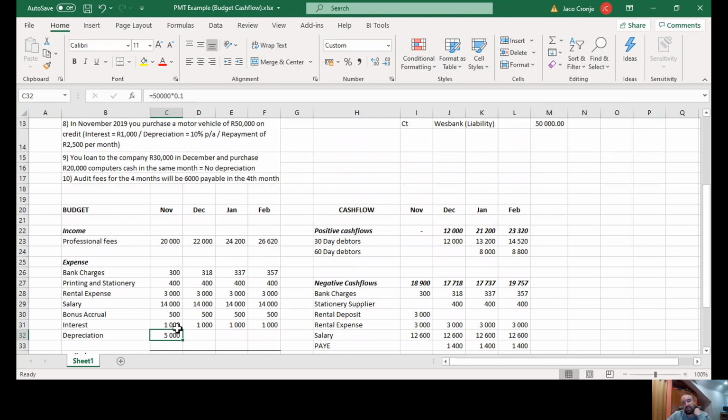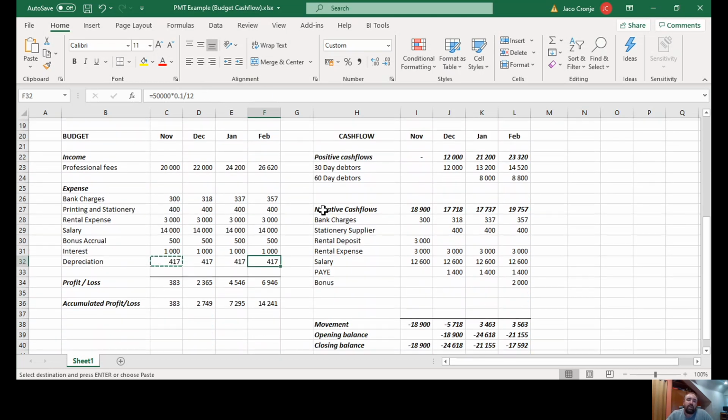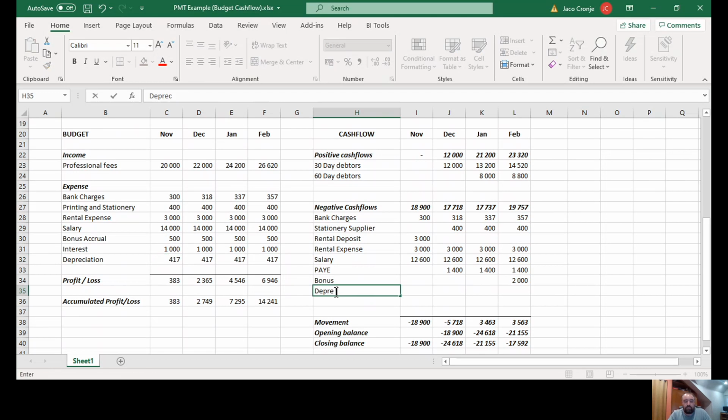So that gives us our depreciation annually. Because remember it's 10% per annum, if we want anything per annum to be divided into months, we've got to divide that by 12. So I will lose value because of buying that car to the value of 417 Rand every month.